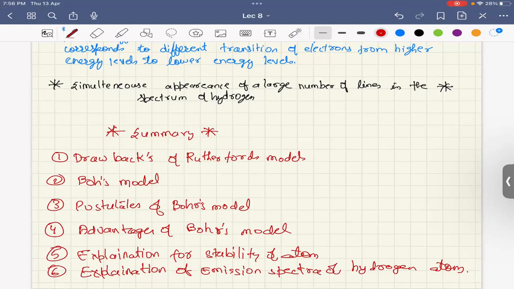We will also study Bohr's radius and the amount of energy of each orbital, that is, the expression for that. That will be followed by a couple of questions. Again, I thank you all for attending this class, and I hope to see you again in the next class. Thank you.